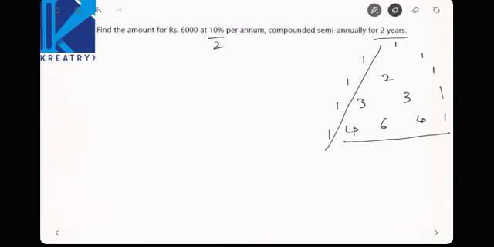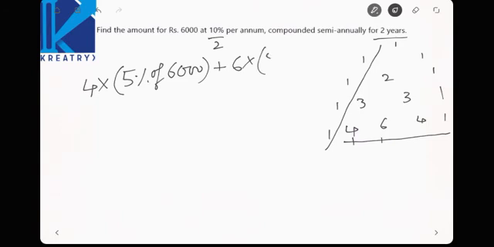Now see here, first take 4 into 5% of 6,000, plus the next value 6 into 5% of this total value. 5% of 6,000 is nothing but 300. Am I right? Is it 300? Yes, 300. Observe the things carefully.